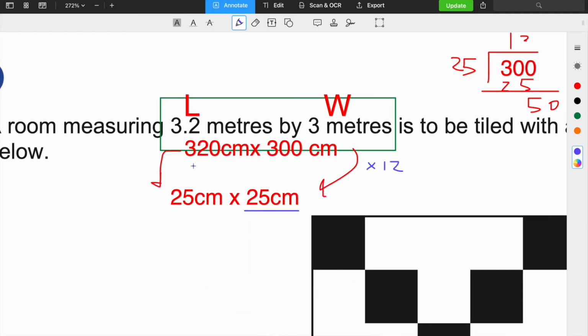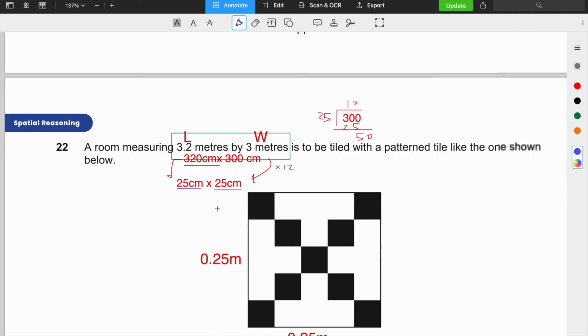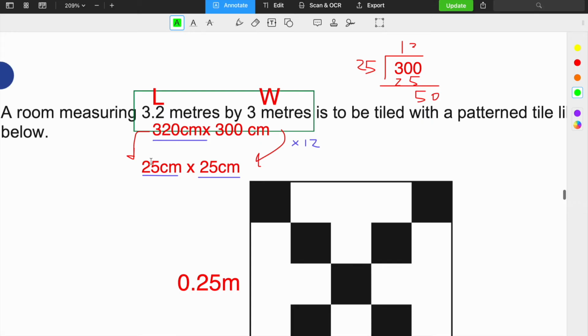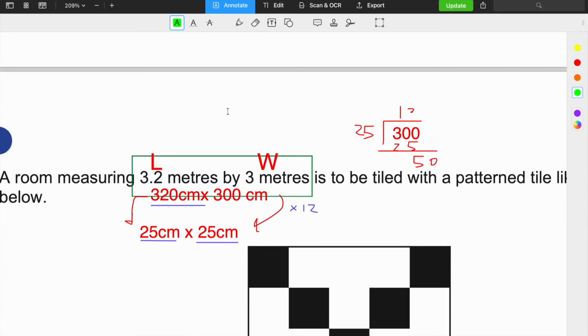As for this one, 320 is actually not divisible by 25, right? Which is why they said the tiles are laid out from edge to edge, but the last line needs to be cut for it to fit, okay? Because there's a bit of a gap missing. So what's 320 divided by 25? Well, think about it logically, guys. 25 times 12 gives you 300.